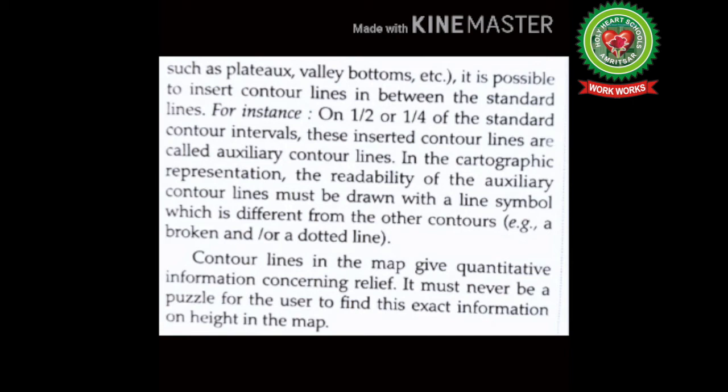These inserted contour lines are called auxiliary contour lines. In the cartographic representation, for readability, the auxiliary contour lines must be drawn with a line symbol which is different from the other contours.